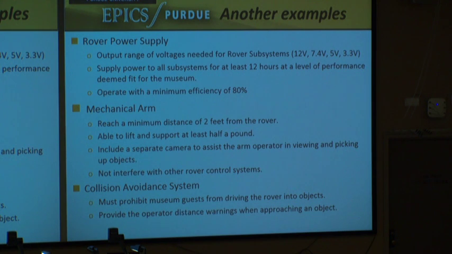Another example here can be an example of a list of specs, and you can see it's very quantifiable. Specific voltages, how many hours of performance, what is the efficiency related to this. So these might be how your specs look for your device as well. But really, again, trying to capture the key information for that.